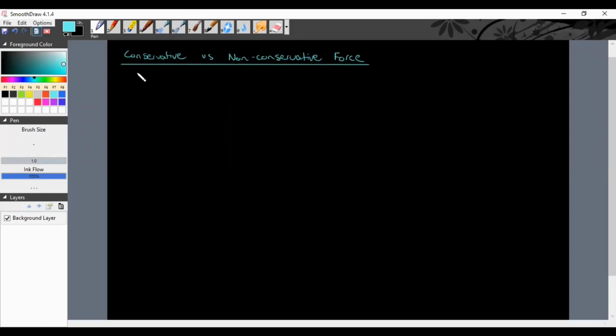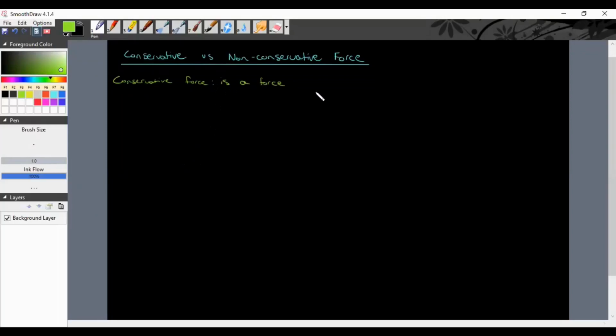Cool. So let's first start by defining what these two are. For conservative, I must say conservative force, you might think I'm defining the word conservative. Conservative force, first of all, it is a force. Duh.